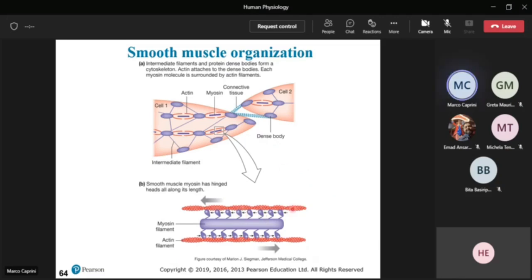So in the smooth muscle cell, since it lacks troponin, there should be another mechanism, a physiological mechanism, and we will see it, okay? But this is a structural and morphological difference, lack of troponin. The actin is bound directly to the cytoskeleton in the dense body, okay? In the purple circle here.